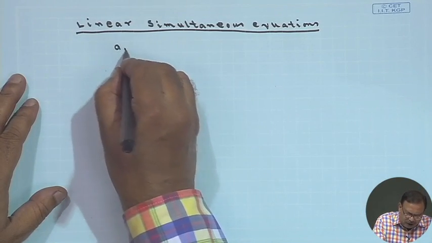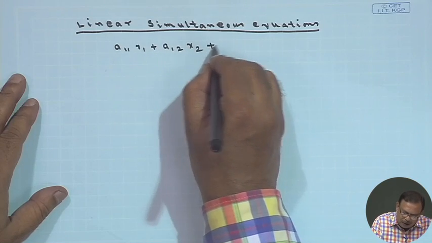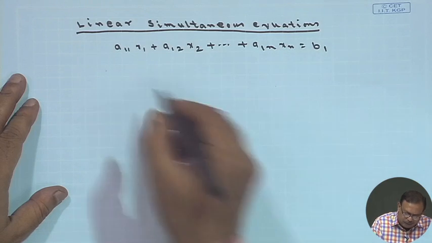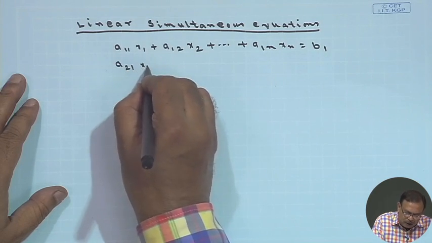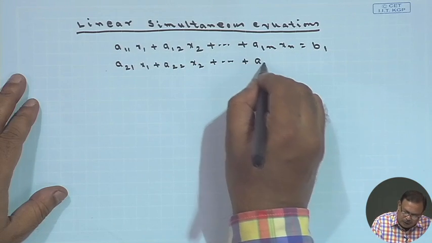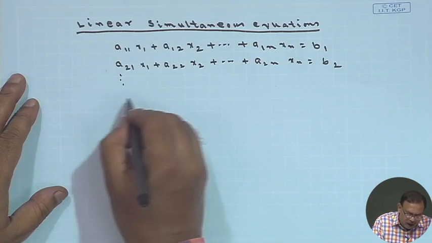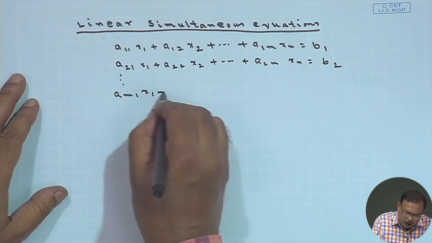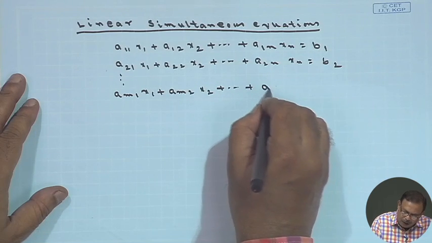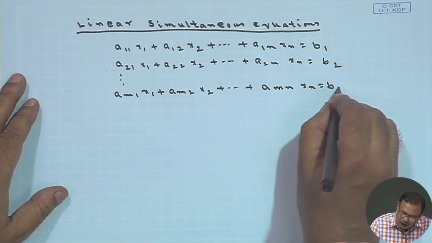Let us think about a set of equations: a11 x1 plus a12 x2 plus up to a1n xn equals b1, a21 x1 plus a22 x2 plus up to a2n xn equals b2, and so on, up to am1 x1 plus am2 x2 plus up to amn xn equals bm.